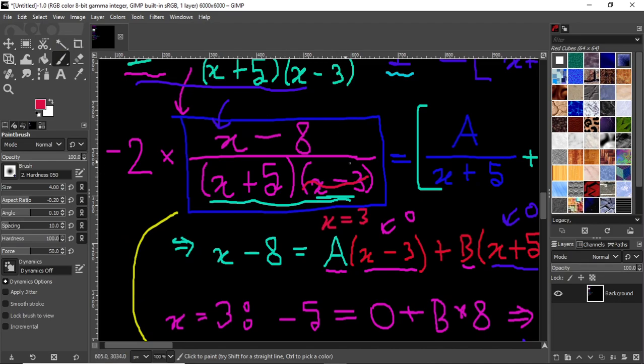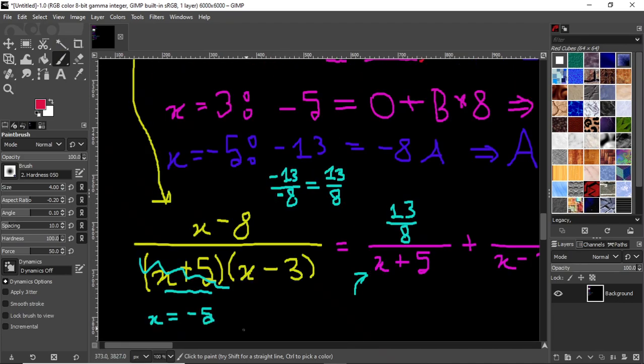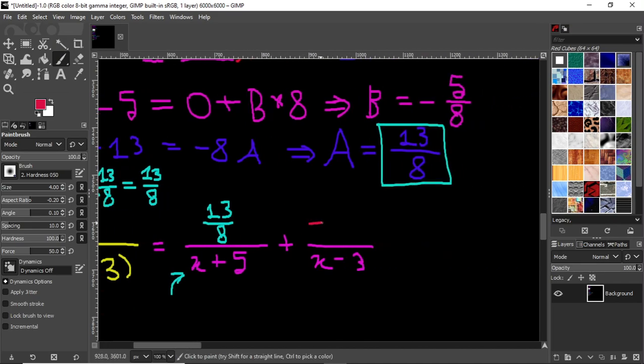We evaluate this fraction at x equals 3. So we get 3 minus 8, that's minus 5, divided by 3 plus 5, that's 8. So minus 5 by 8, which is what we got here. Pretty neat, right?